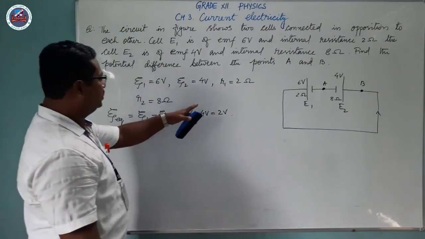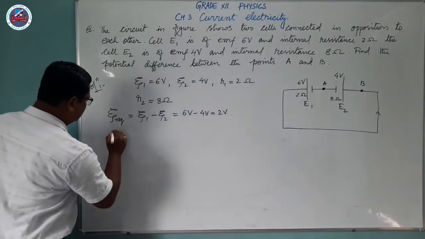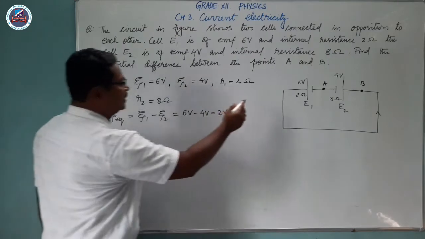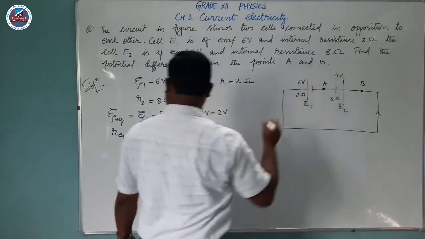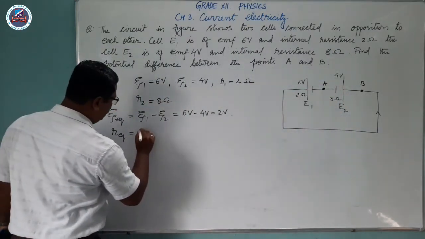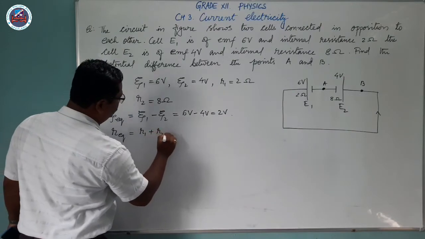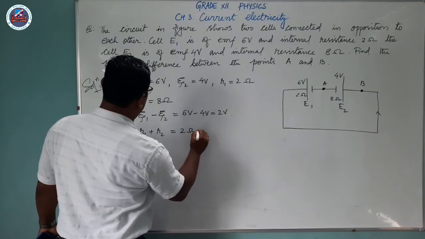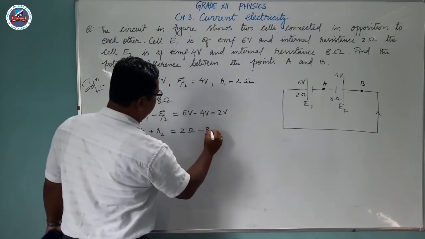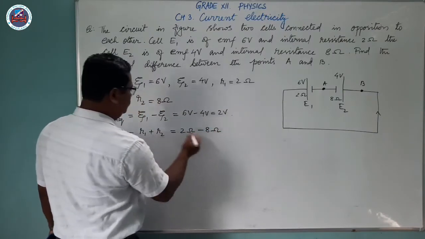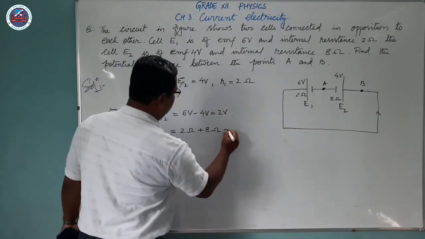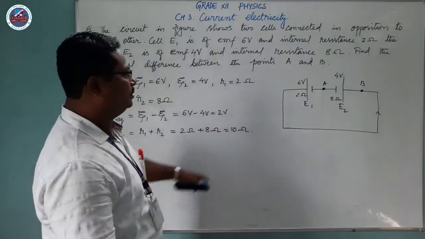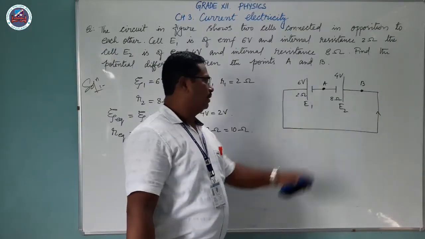Then let us see the equivalent resistance. Equivalent internal resistance is equal to, as the cells are connected in series, so you have to use your formula R1 plus R2. R1 is of 2 ohm and R2 is of 8 ohm. You are going to add it. 8 plus 2 is 10 ohm. Then the current flowing through the circuit you can find out.